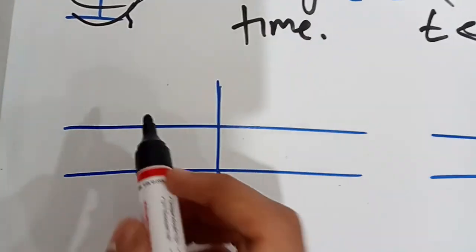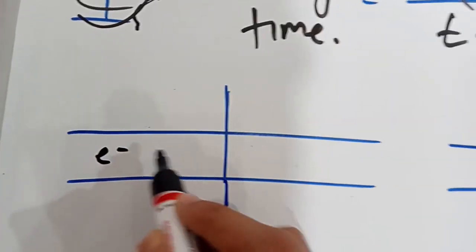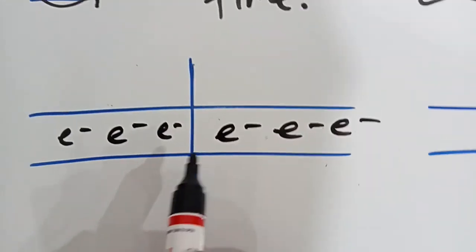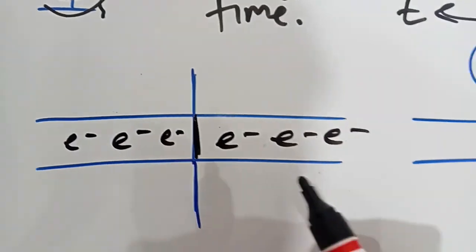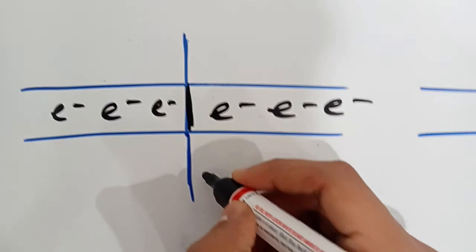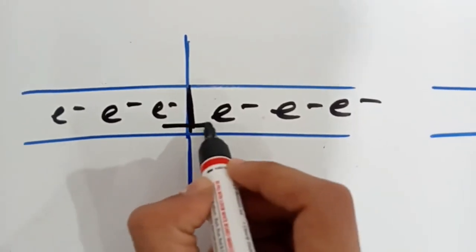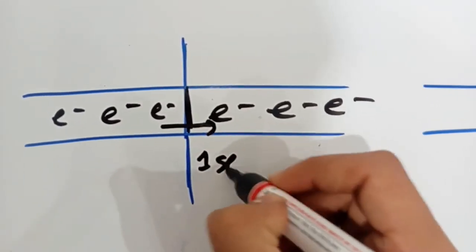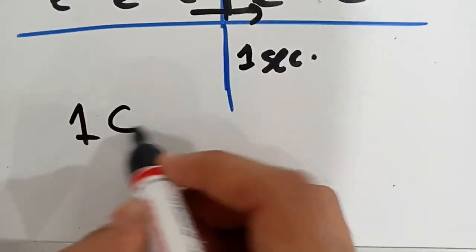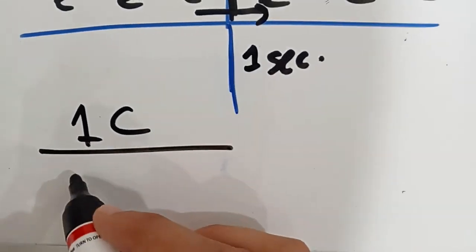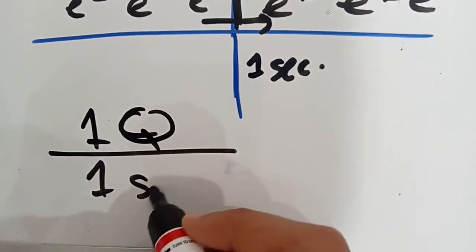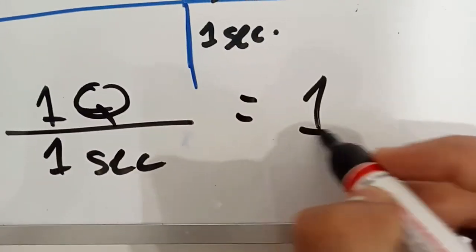To put this into perspective, we're measuring the number of electrons flowing through a specific point in a specific time. So let's say we measure how many electrons go through this point in 1 second, and we find that 1 coulomb of charge goes through in 1 second. That equals 1 amp.